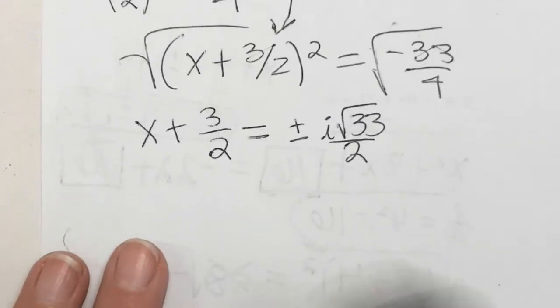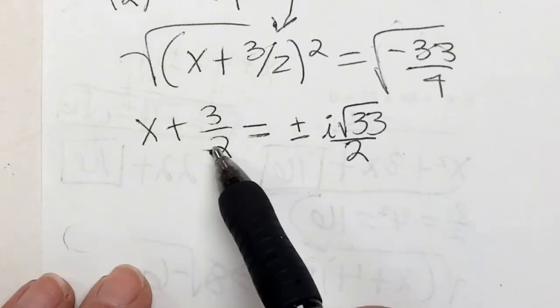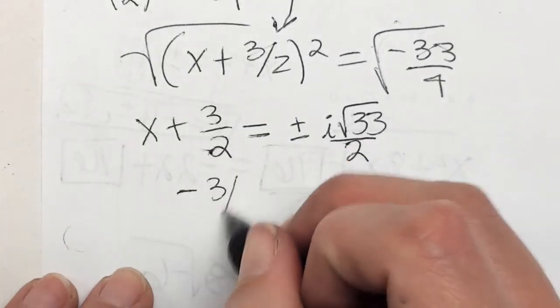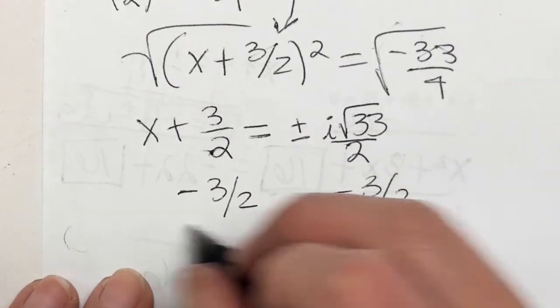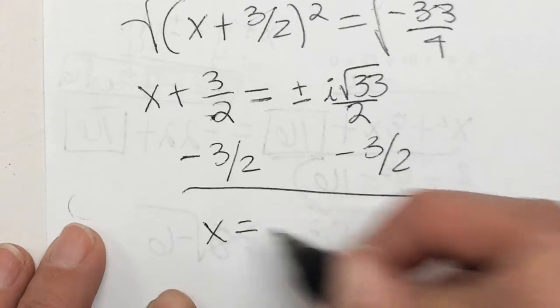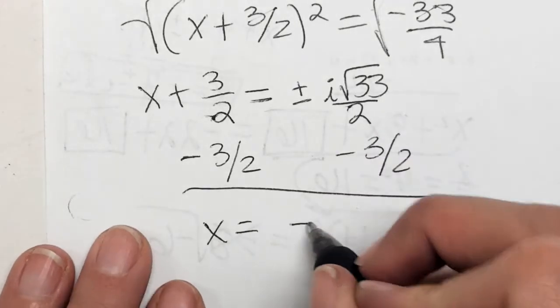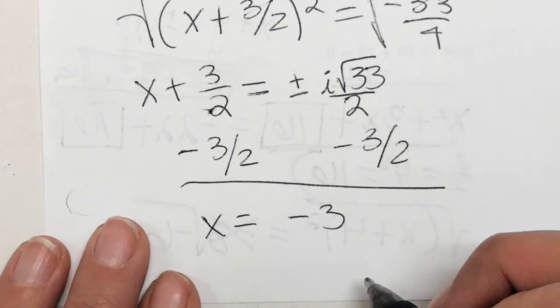Alright, Emily, what will we do from here? Perfect. Alright, what's my real number? Good, -3 over 2. Just write -3.